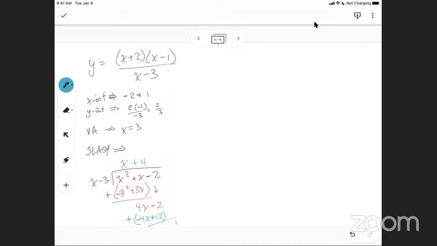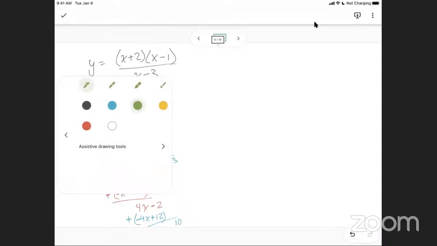So this is actually going to be a remainder of 10, and it would be 10 over x minus 3. But this remainder doesn't even matter. The only thing that matters is this, and that is the equation of your slant asymptote. So your slant asymptote is y equals x plus 4.